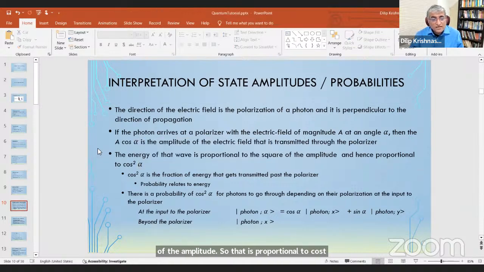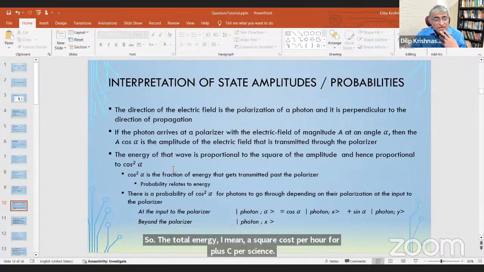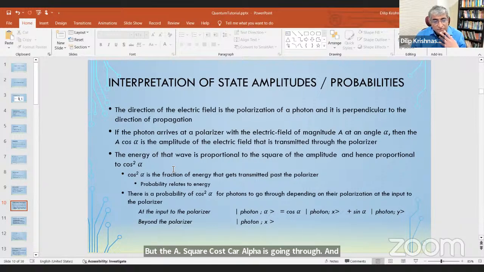So that is proportional to cos square alpha. And the total energy before it went through the polarizer would have been A square times cos square alpha plus sine square alpha. Cos square alpha plus sine square alpha is 1. So total energy would have been A square cos square alpha plus A square sine square alpha. But the A square cos square alpha is going through the system.